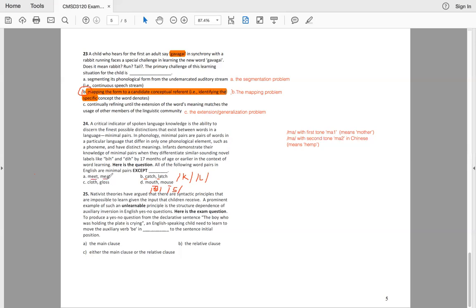Mid, mid. So this is not a minimal pair because, even though you have two different words, these two words have the same sound, or the sound combination. So this is a homophone, so they have the same phone.